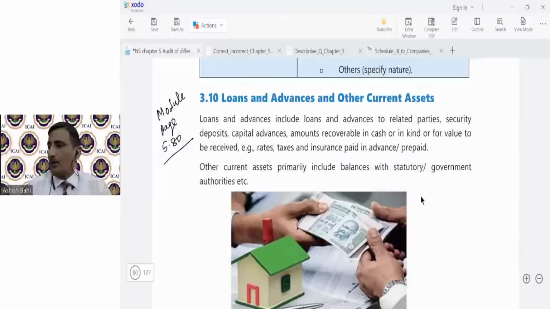So today we shall be taking some more items on the asset side, and also probably on the liability side.